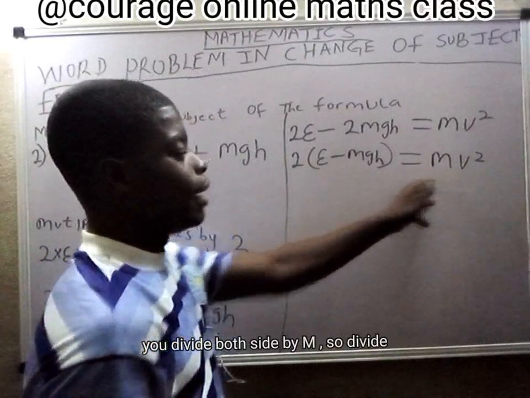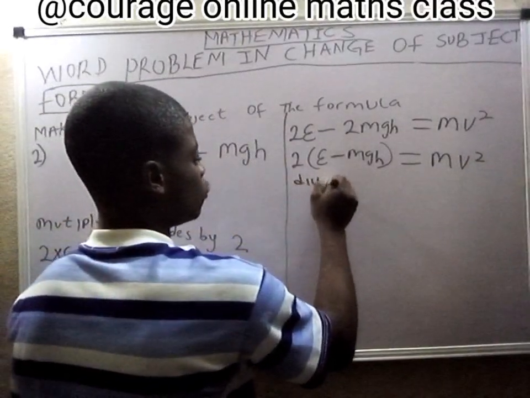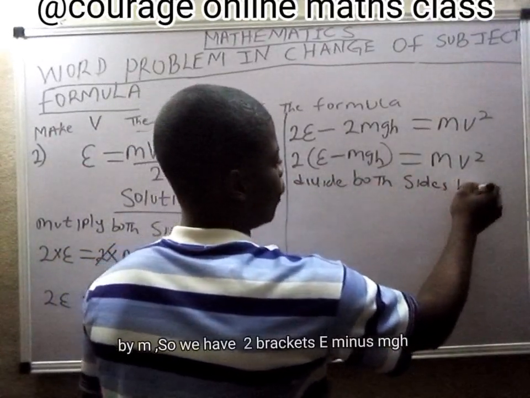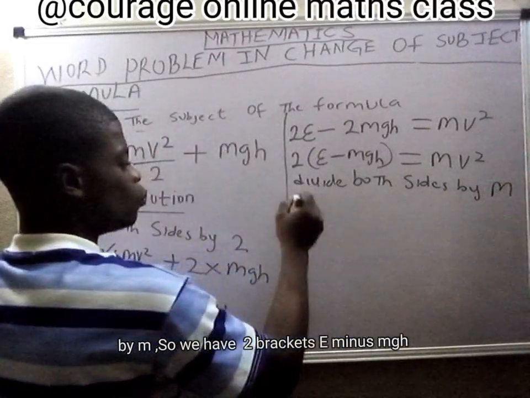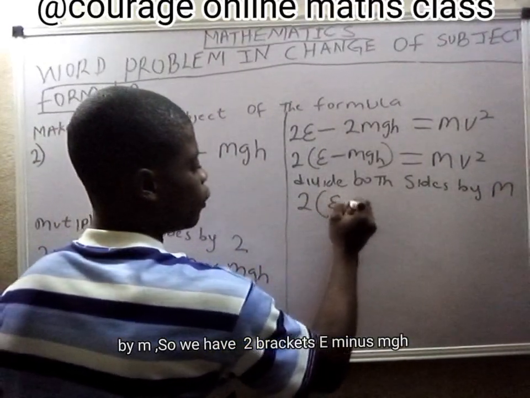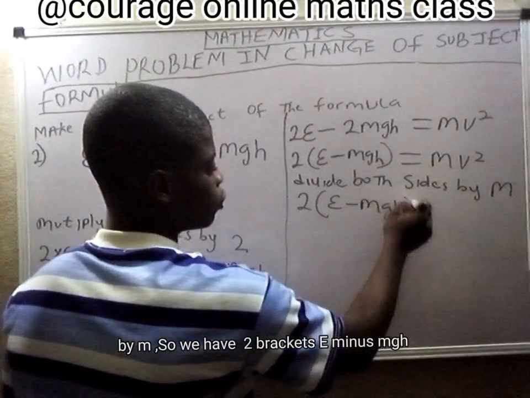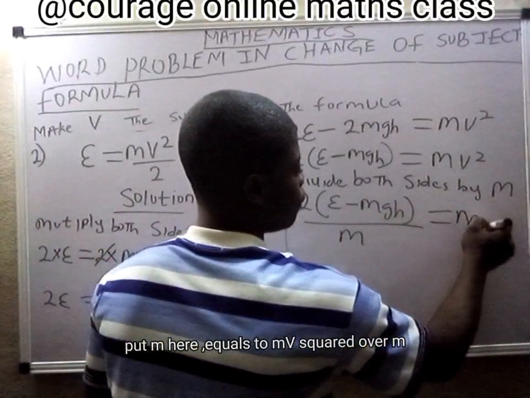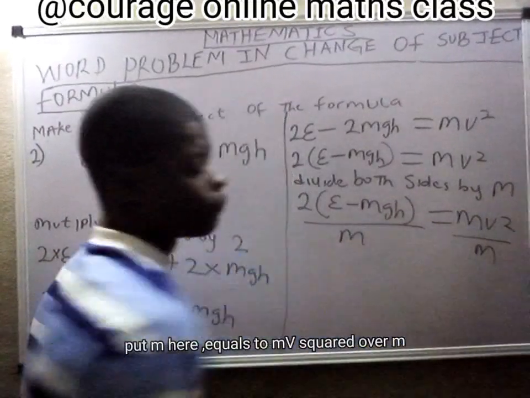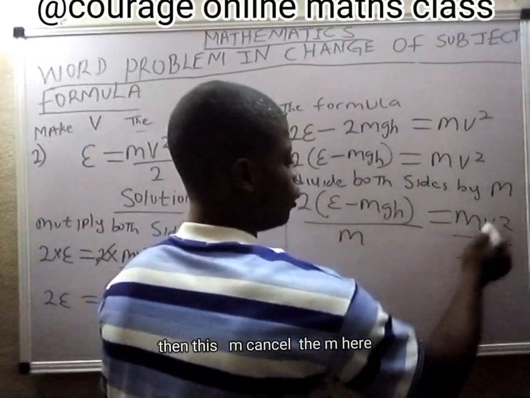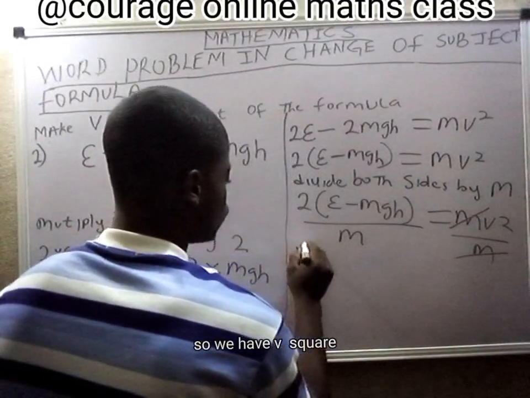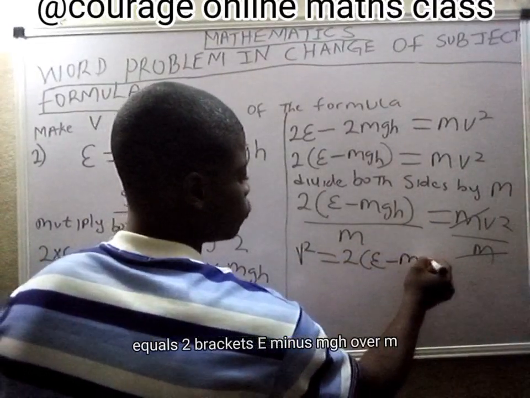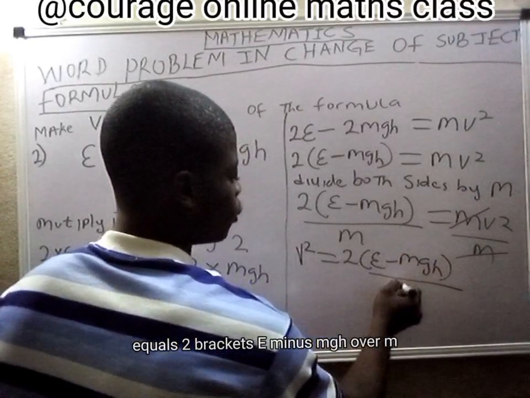You divide both sides by m. So we have 2 bracket e minus mgh, close the bracket, over m equals mv square over m. Then this m cancels the m here, so we have v square equals 2 open bracket e minus mgh over m.